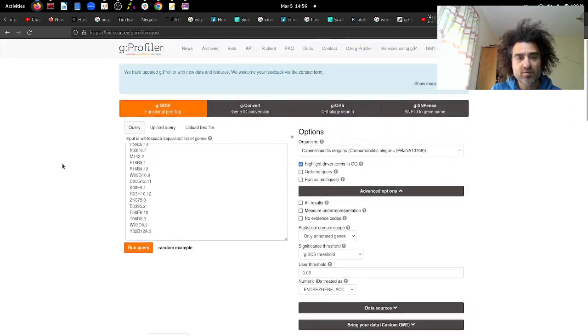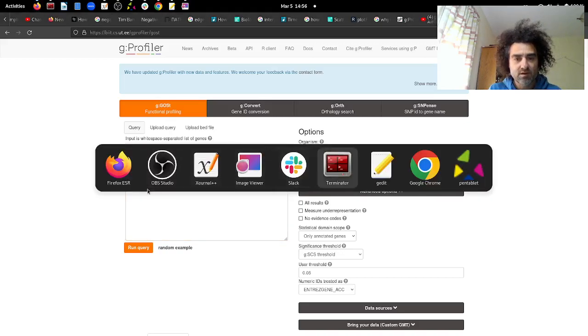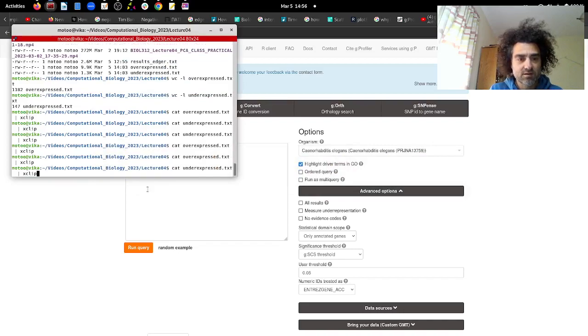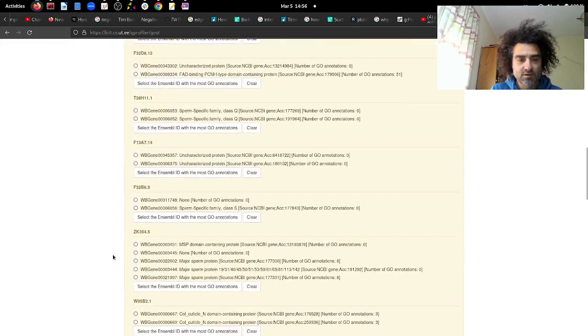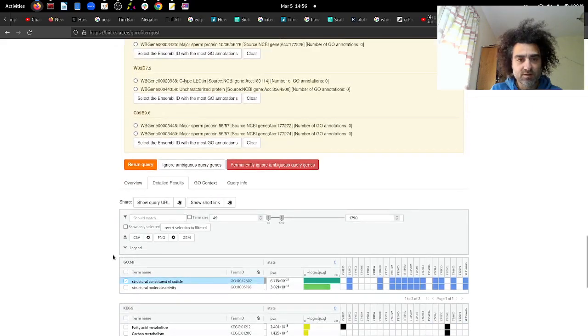Okay, now if we put in this list the genes that have lower expression values. So I delete this, I go to my terminal, I get the underexpressed genes and I paste them here. Okay, ignore those that are ambiguous.